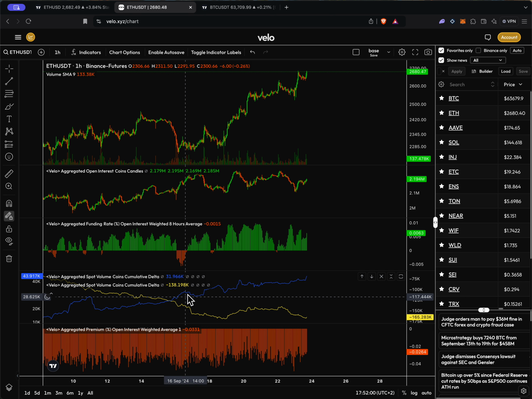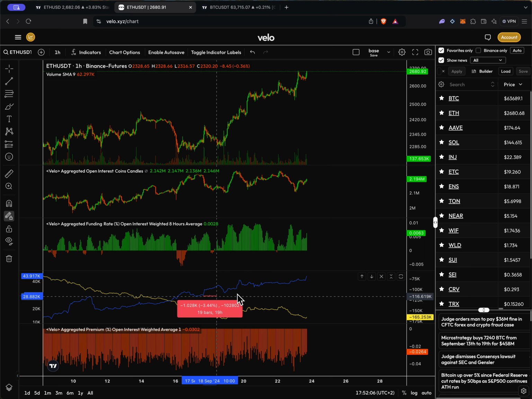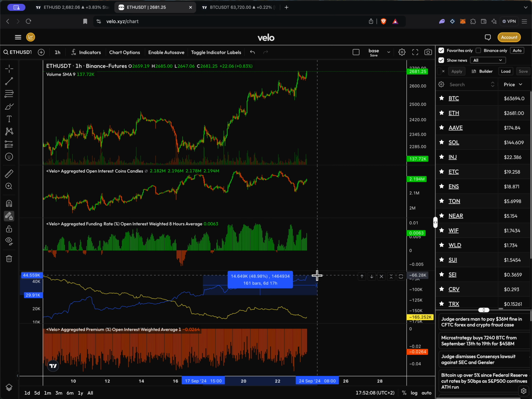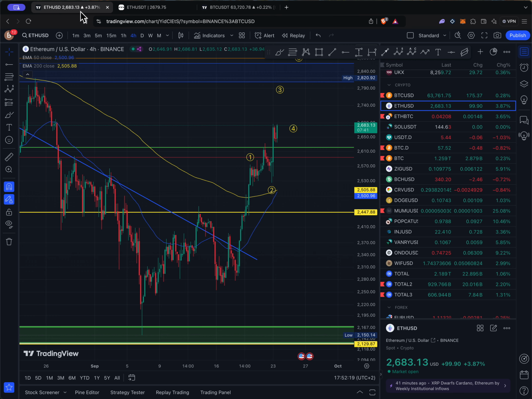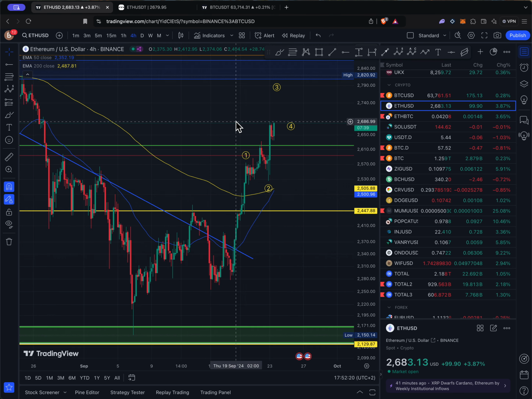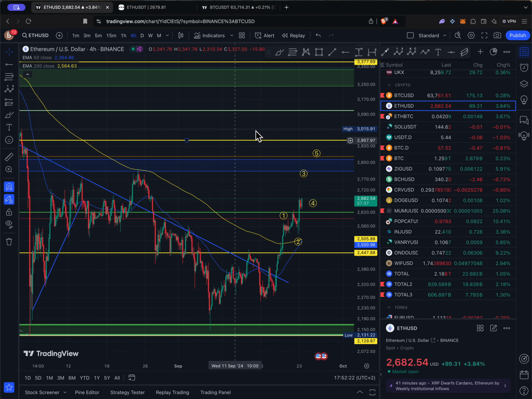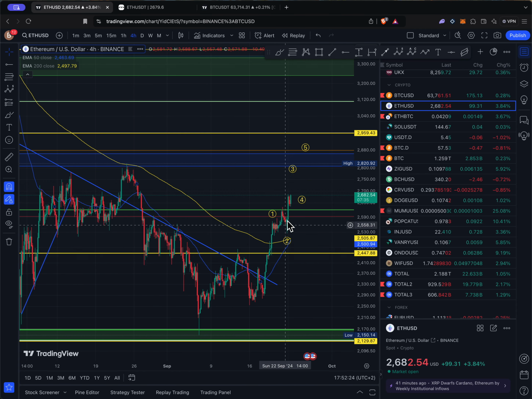And this means that from 18 September there have been 15,000 Ethereum coins, more or less, bought by market makers, mostly by institutions, by whales. I don't know exactly, of course, but this move up has a pretty strong base on spot.